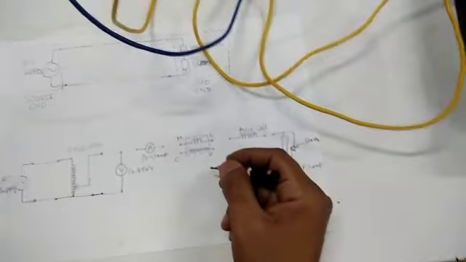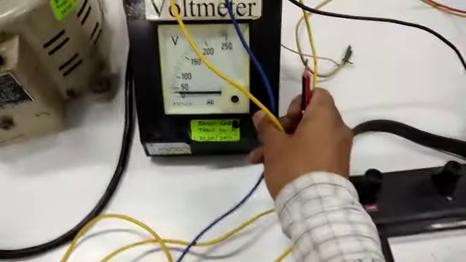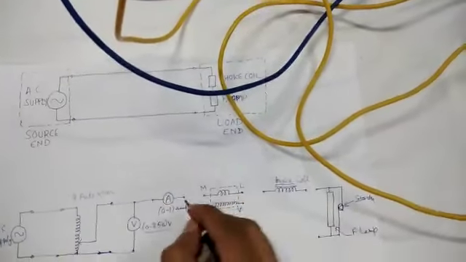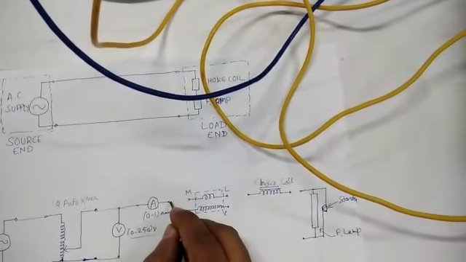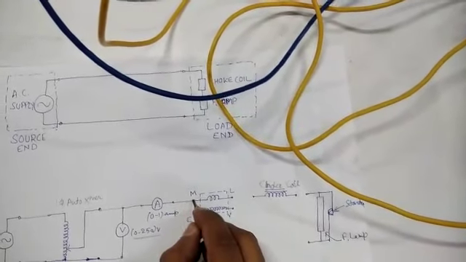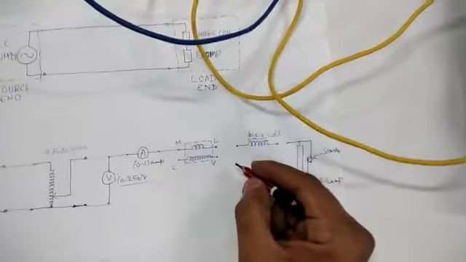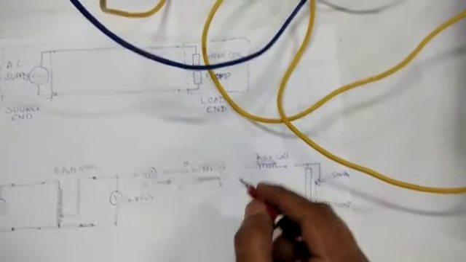So we are going to connect a voltmeter of same range. You can observe it from here. It is from 0 to 250. Then after we have to connect an ammeter like this, and after the ammeter there will be a wattmeter, which is our main objective. The purpose of this wattmeter is to observe power consumed within the load.